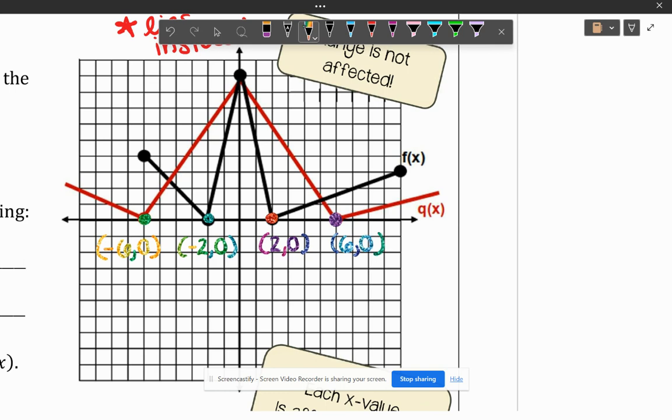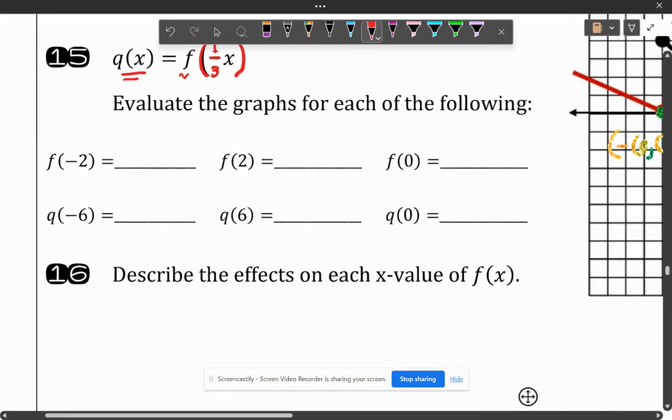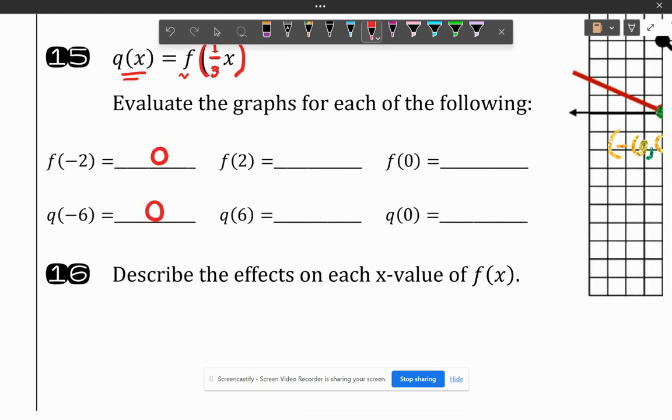Okay, now let's take a look at f of 0 is at 9, and q of 0 is also at 9. Okay, so when I write these out, f of -2, 0, q of -6, 0, f of 2, 0, q of 6, 0, f of 0, 9, q of 0, also 9.